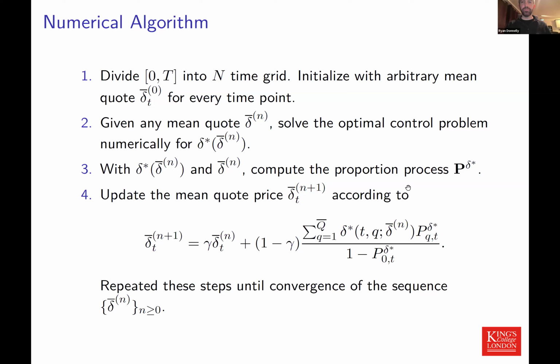And once we have this proportion process along with the optimal strategy delta star, we can update this mean quote process. This last term here is essentially the updated version of the mean spread, and we just factor this in with a learning rate parameter. We run this over and over, steps 2 to 4, hoping that we get some kind of convergence. Now, we haven't been able to prove existence or uniqueness of the mean field Nash equilibrium.